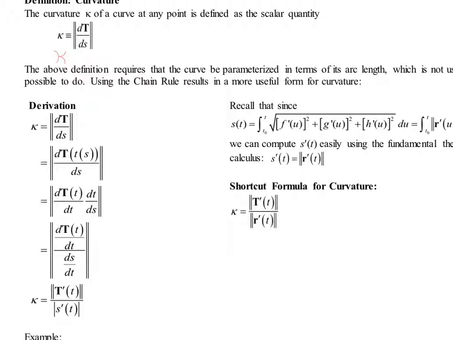So essentially all we need to do is find the unit tangent vector, take its derivative, find its magnitude, then take the magnitude of the derivative vector and divide the two, and we'll have some measure of kappa, which is the measure of curvature, right?